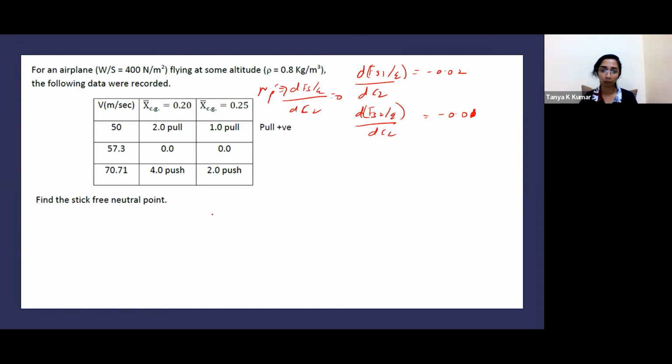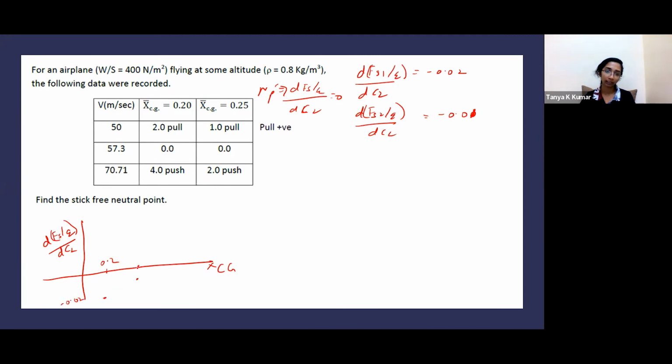Okay. So what we need to plot is the CG location at which this value is 0. So we plot dFs by Q by dCL, and this is XCG. When the XCG was 0.2, the slope was minus 0.02.